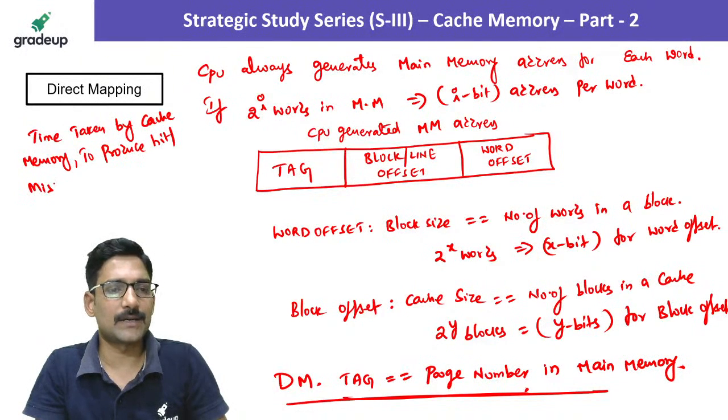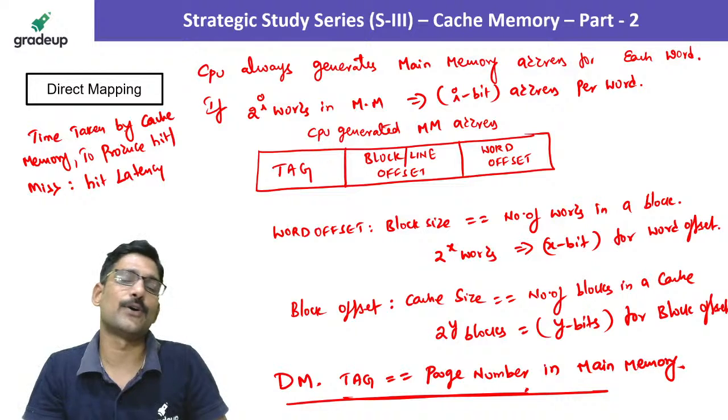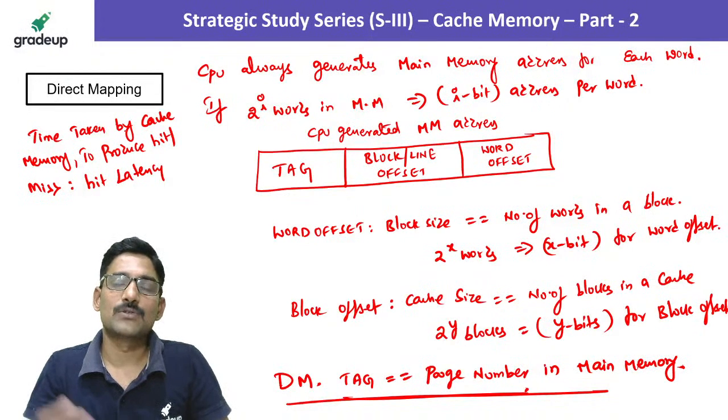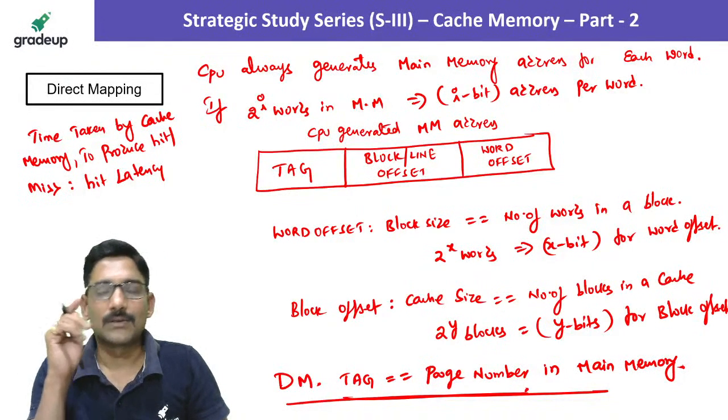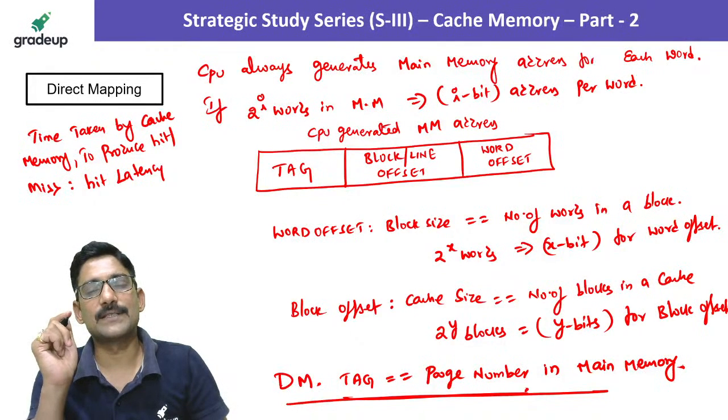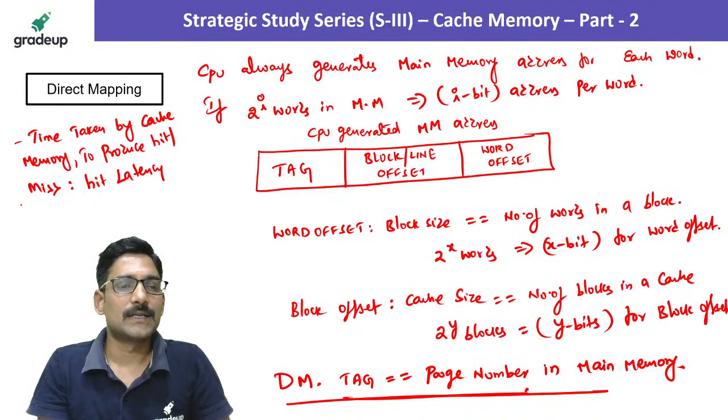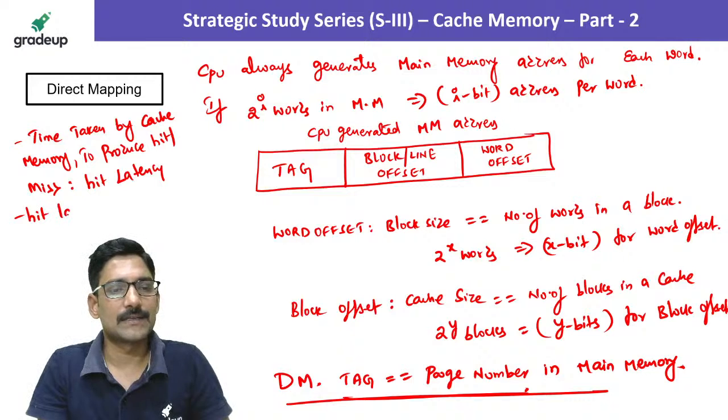Is it a hit or miss? That is what we call hit latency or hit delay or settling time. So in the DM cache, only one tag comparison is there. Hence, hit latency is very, very less.